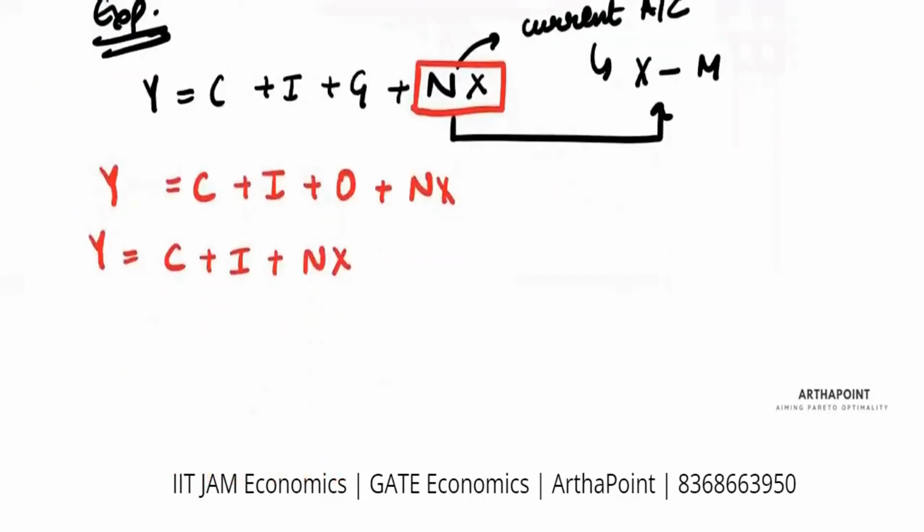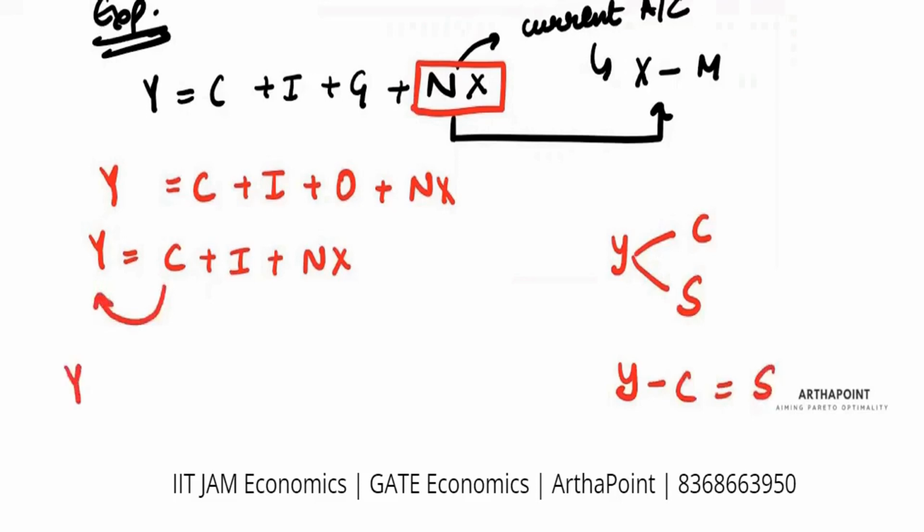What is Y minus C? Y minus C is savings. Income can either be consumed or saved. So income minus consumption is savings. So if I take this on the other side, I can say Y minus C is equal to I plus NX, or S is equal to I plus NX.